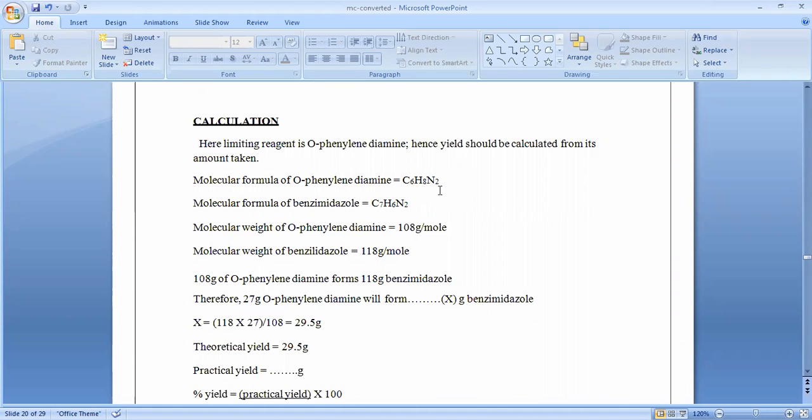What is the molecular formula for benzimidazole? The molecular formula for benzimidazole is C6H8N2. From orthophenylenediamine, how much benzimidazole can we synthesize? Depending upon that, we calculate the yield of the synthesized benzimidazole.